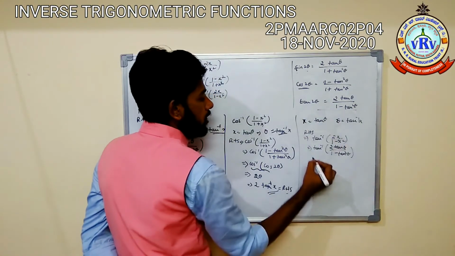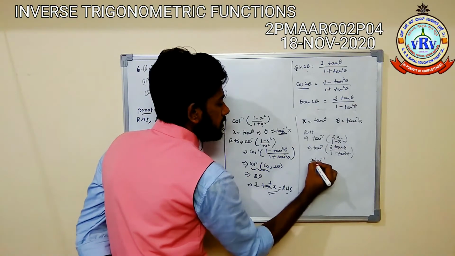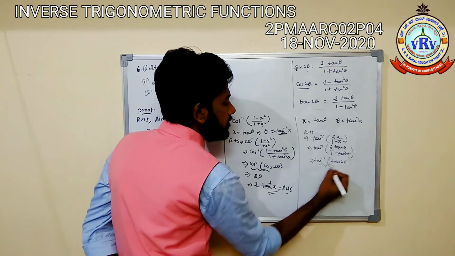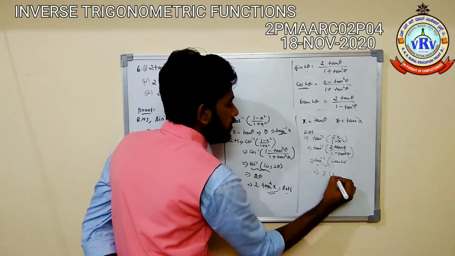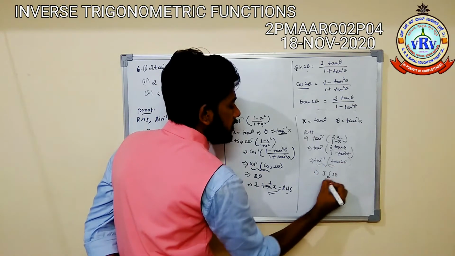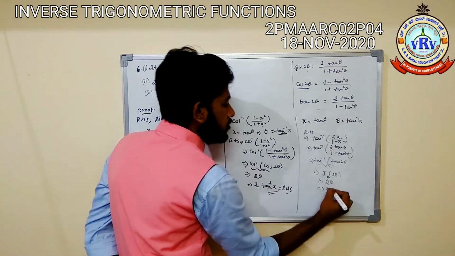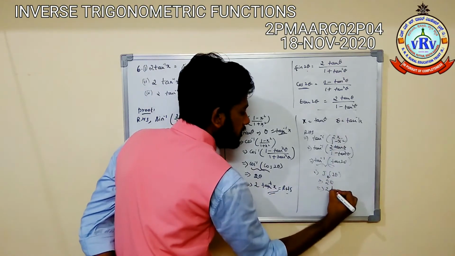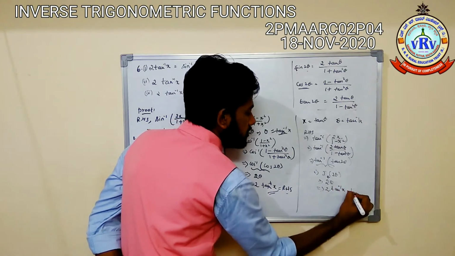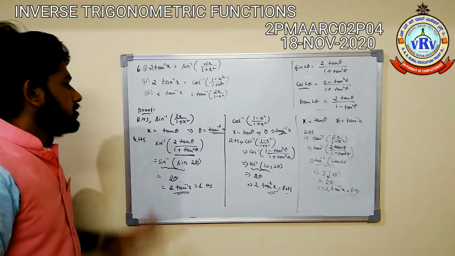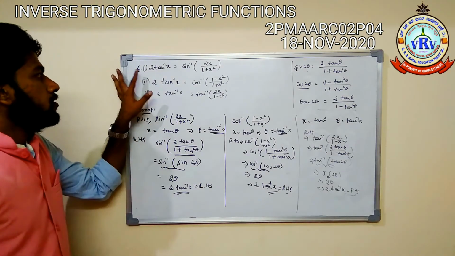Using this formula, I can replace the expression inside the bracket as tan 2 theta. This will give the identical function of 2 theta. So 2 into theta, which is nothing but tan inverse of x, is equal to the RHS. So this is a proof of this expression.